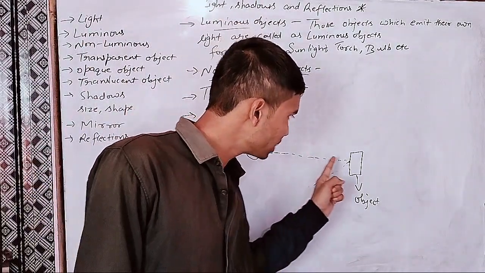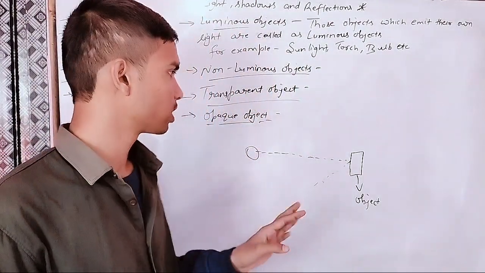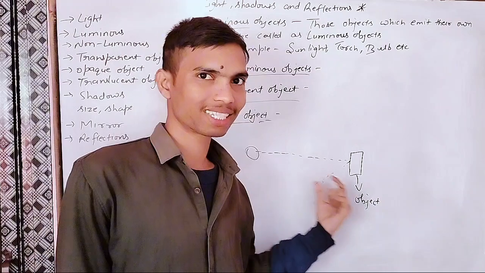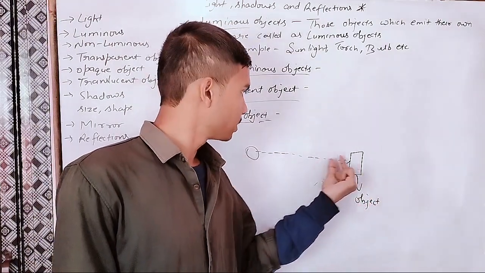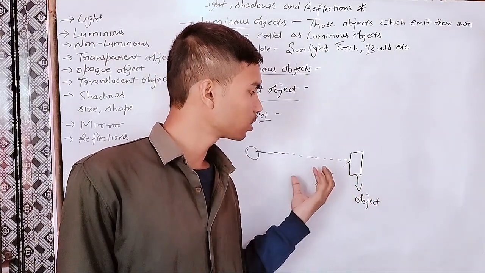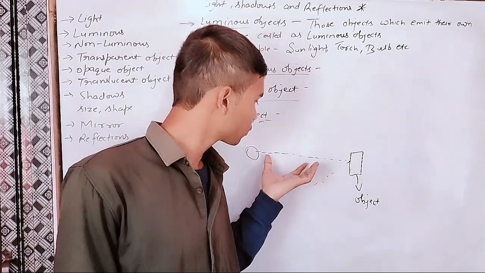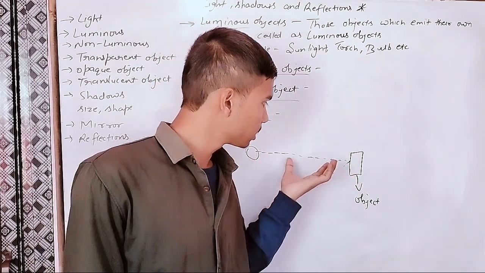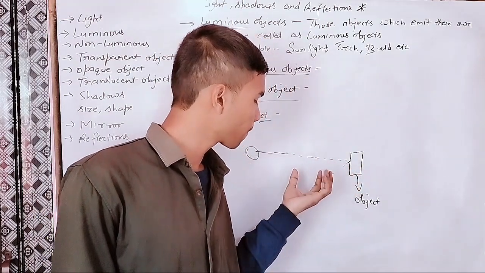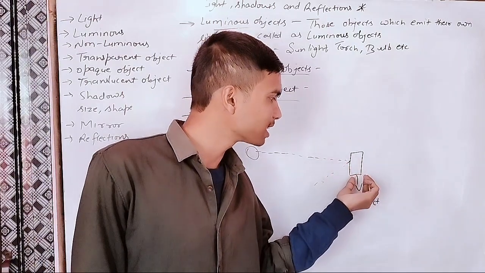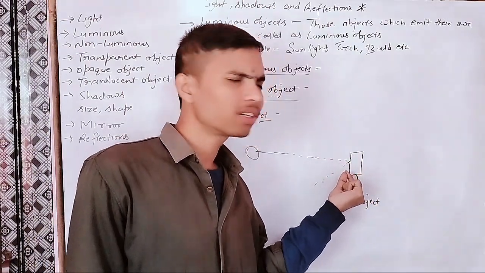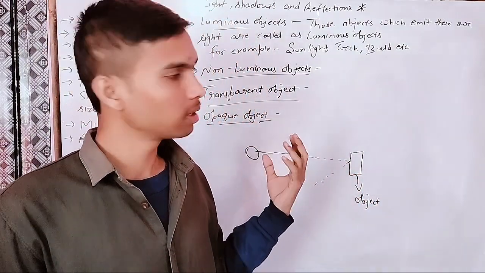So here light is not passing. Can you see? Light is not passing through this object. Rather than passing through, it is turning into another direction.